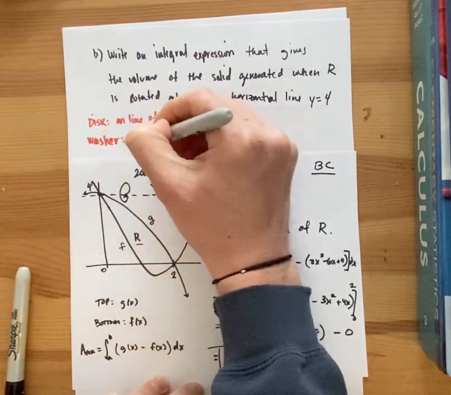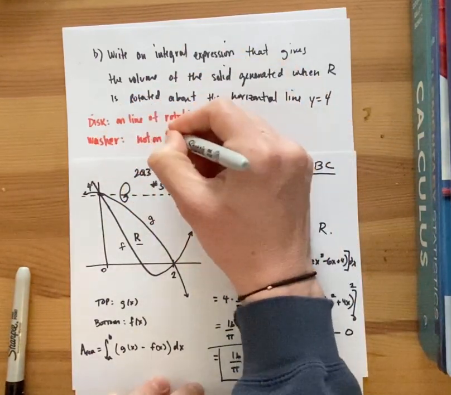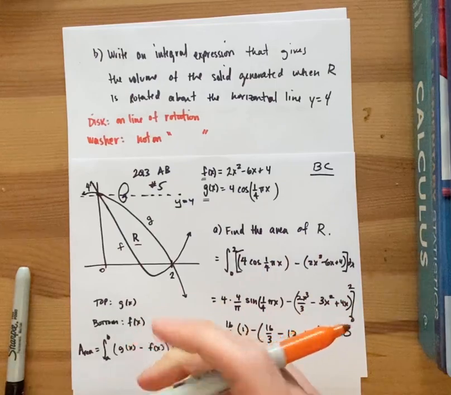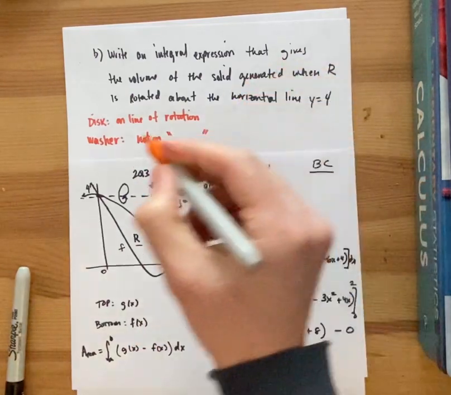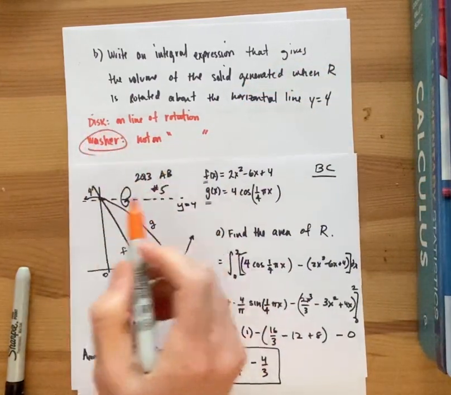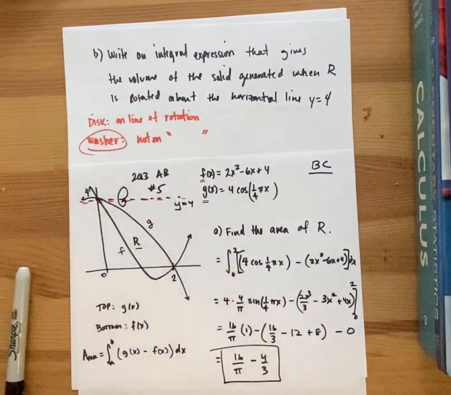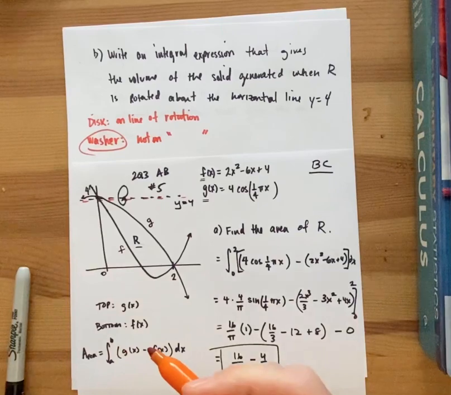Washer is not on line of rotation. The other thing that if you notice, this one is going to be washer, because even though it does hit the line, it's not lying on that line of rotation. So we have that there.